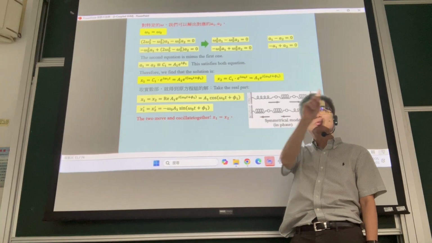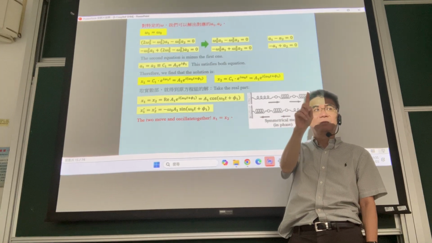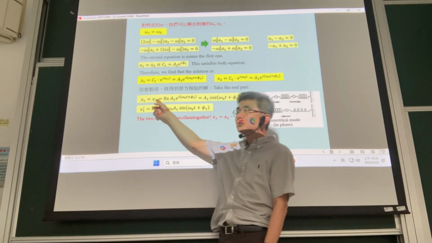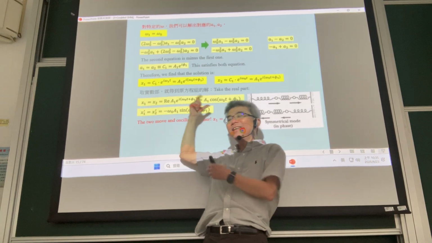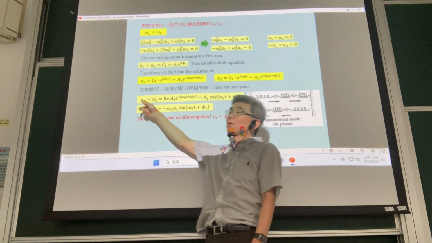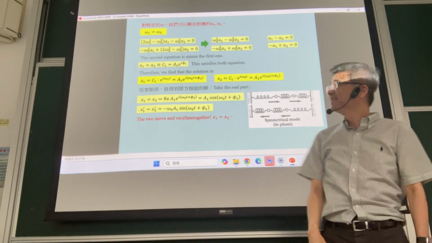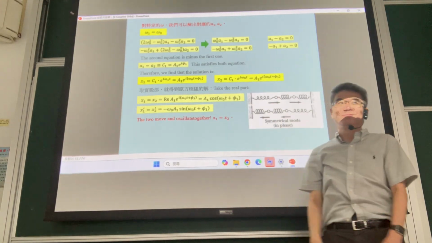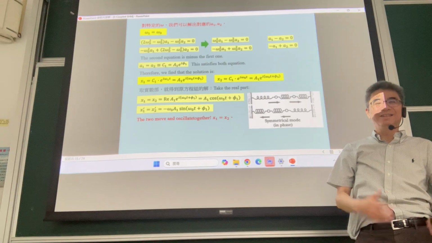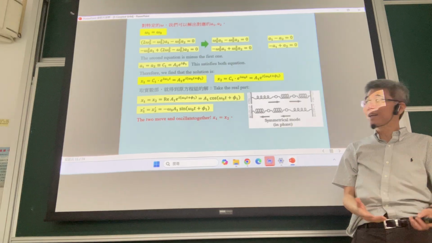So x1 is oscillating. What about x2? x2 is also oscillating in exactly the same way. Because x2 is equal to x1, exactly the same expression, okay?